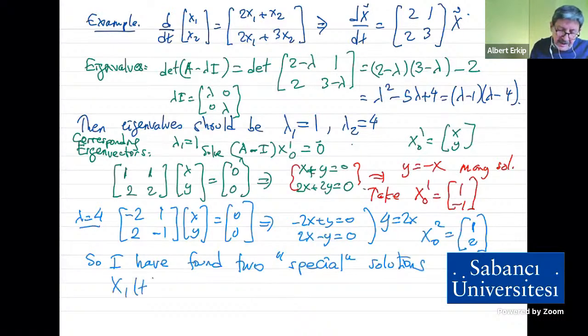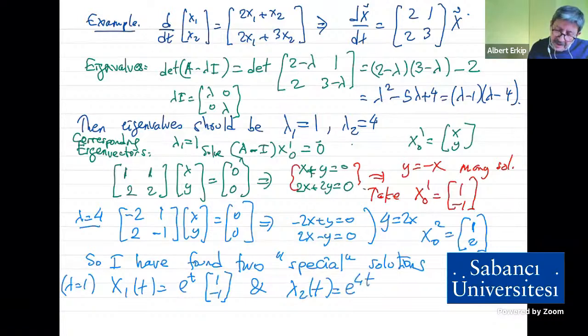x1 of t: lambda was 1, so e to the t times (1, minus 1). And x2 of t is e to the 4t times (1, 2). Okay, I have two special solutions, e to the t and e to the 4t.